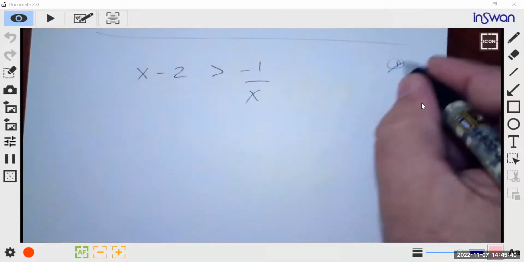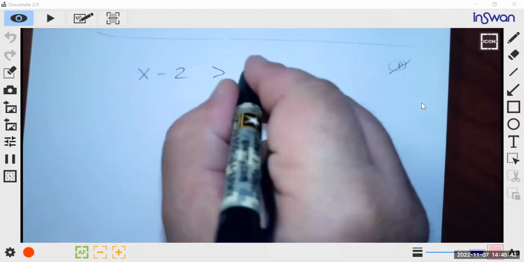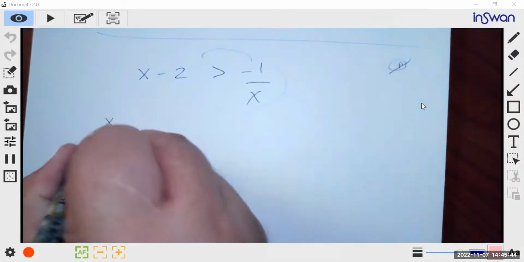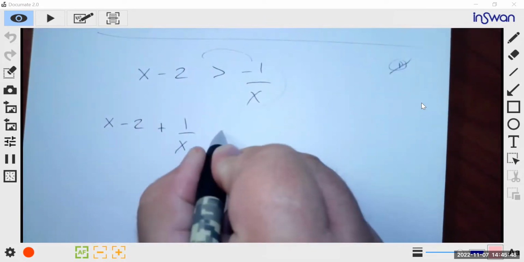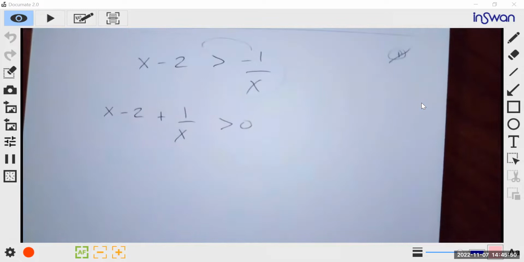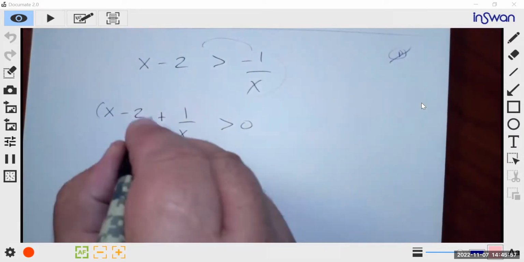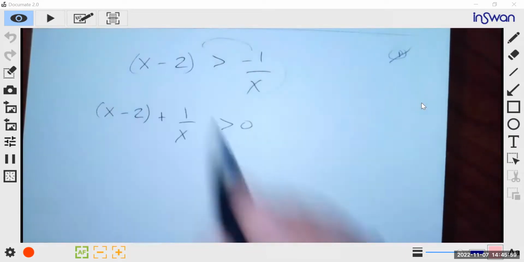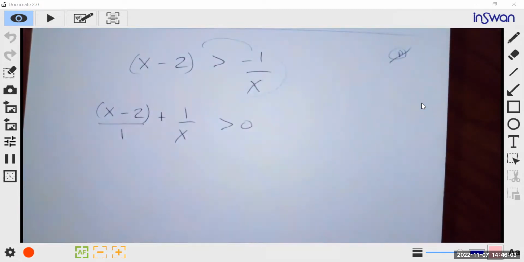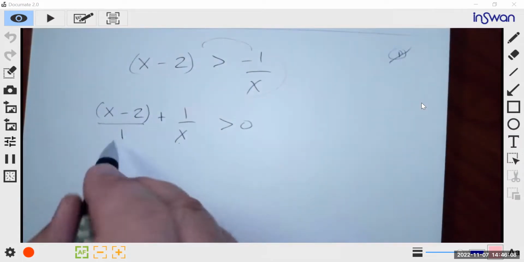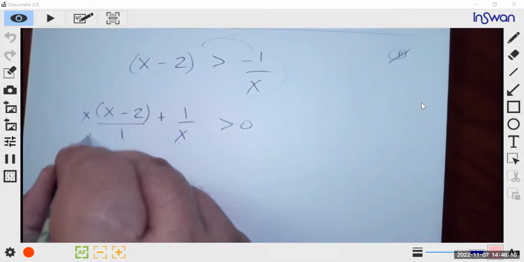Right, so first step is I take this, move it over there. So I have an x minus 2 plus 1 over x. This is one equation because this is on this side. Its denominator is 1. This one has an x, this one needs an x, so I put x on top and bottom.